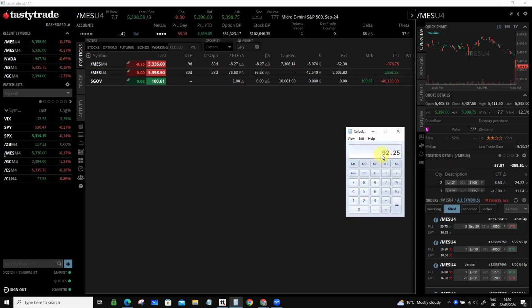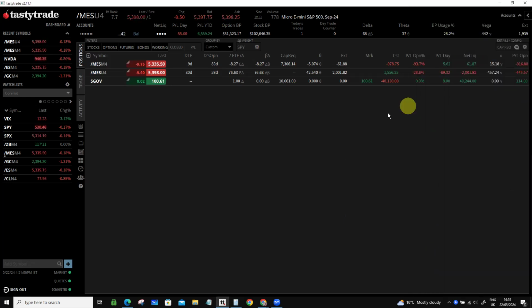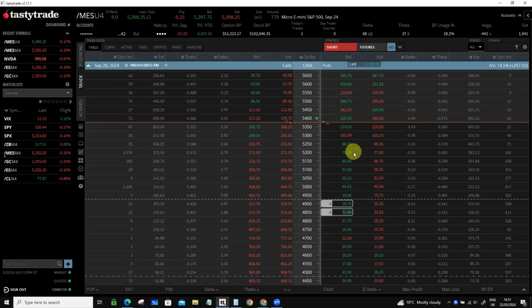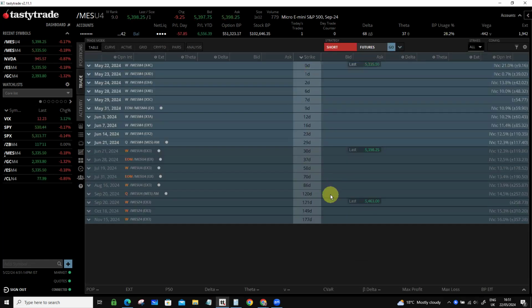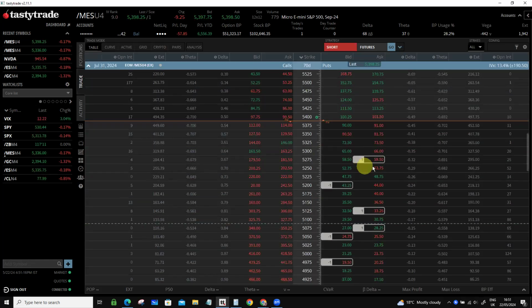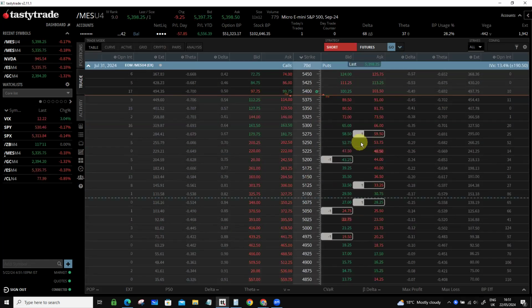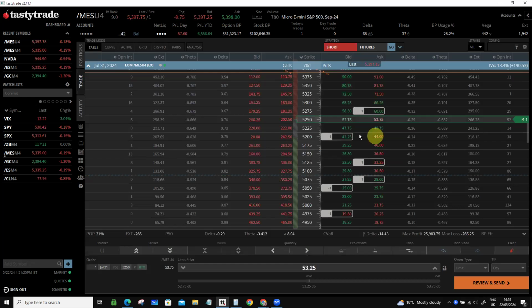So we can do 75 or 100 wide, and that's going to depend on the delta that we choose. It's not really crucial whether we go one or the other, but let's take a look at what we have available here. We're going to go to a shorter expiration. Let's go 70, and then let's go 75 wide.